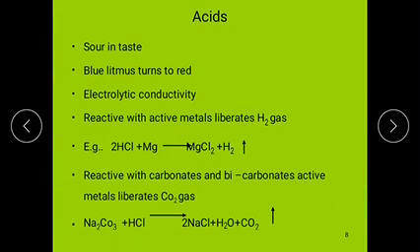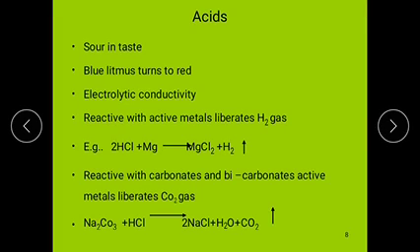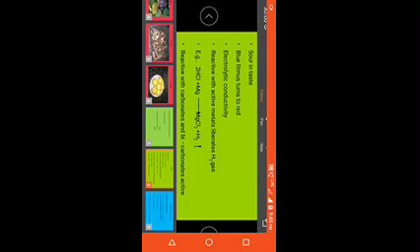Now let us see the properties of acids. Generally, acids have a sour taste. These acid substances convert blue litmus into red litmus.